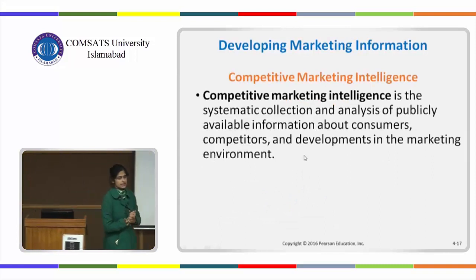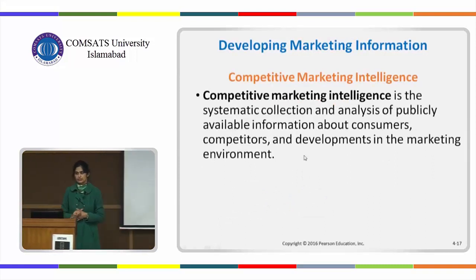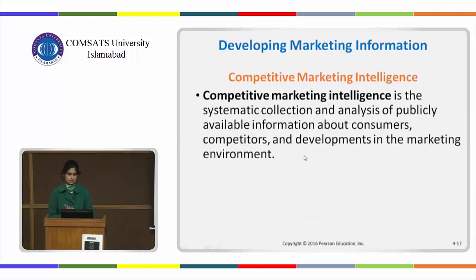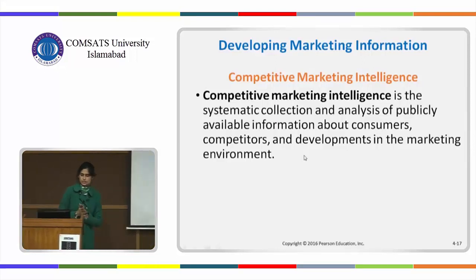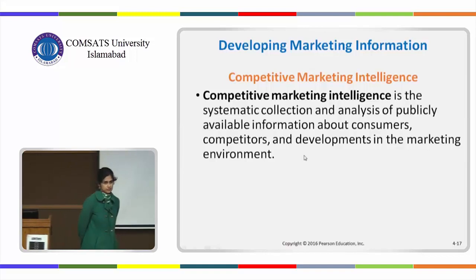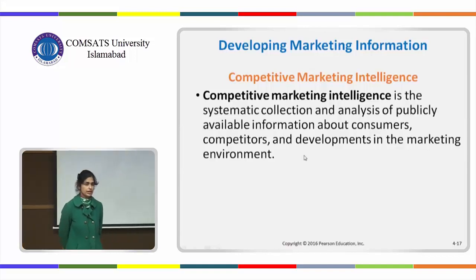Now coming down to the second source, that is competitive marketing intelligence. So what is competitive marketing intelligence? Competitive marketing intelligence is a systematic collection and analysis of publicly available information about consumers, competitors, and developments in the marketing environment, right?